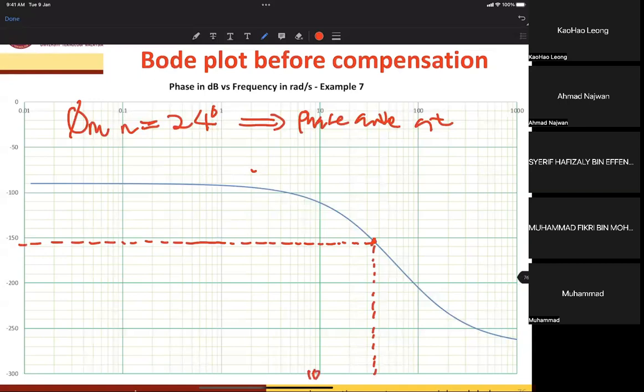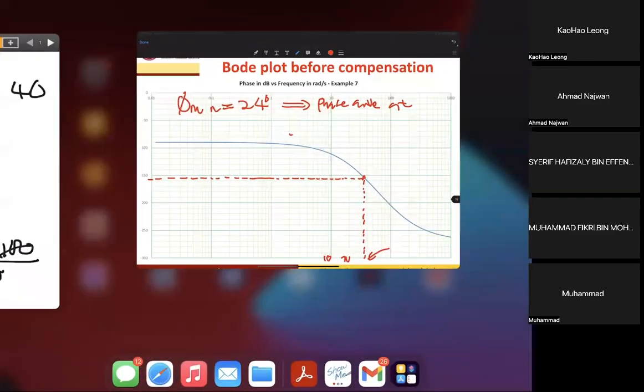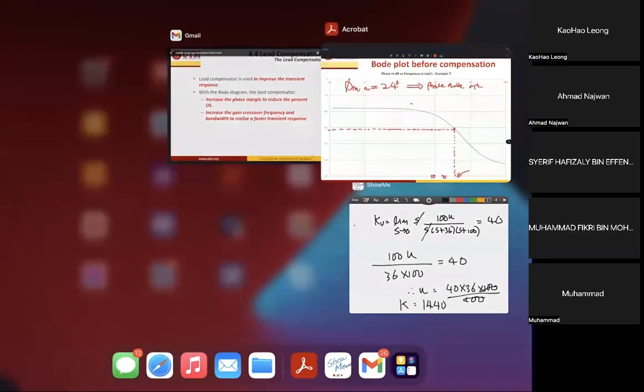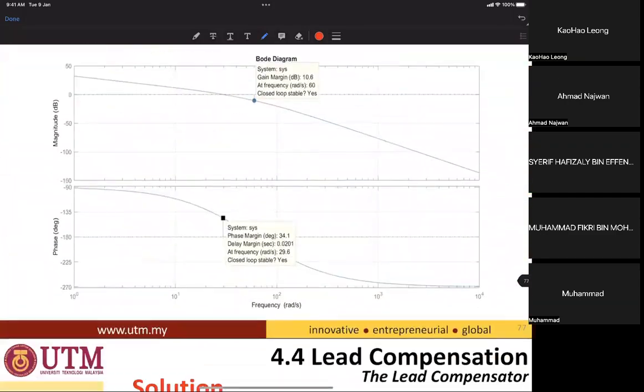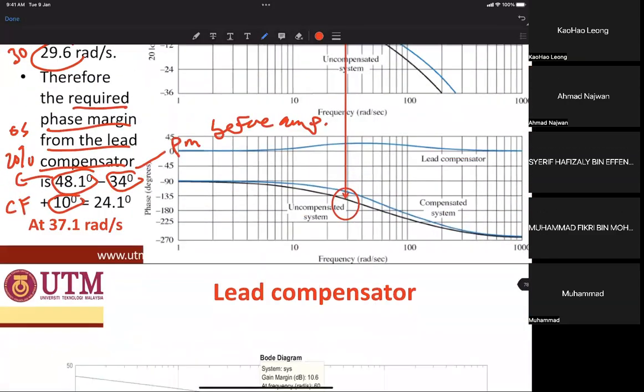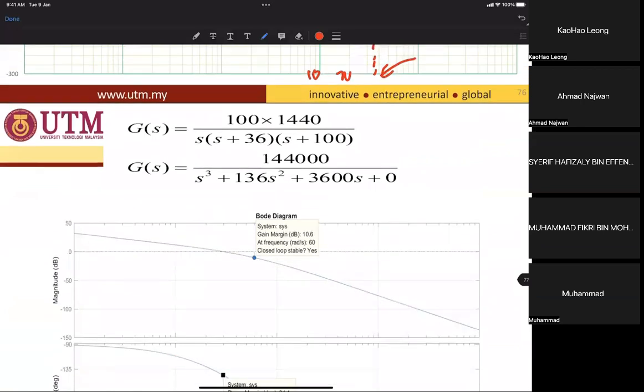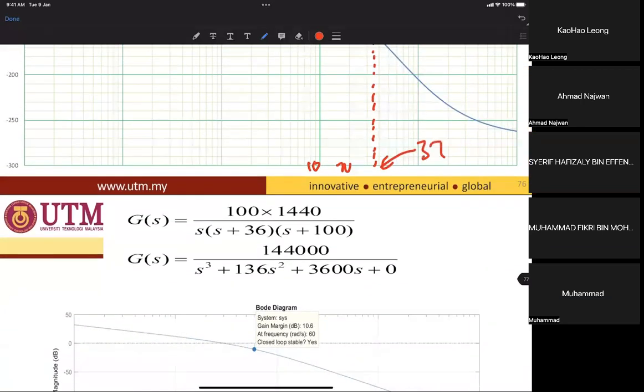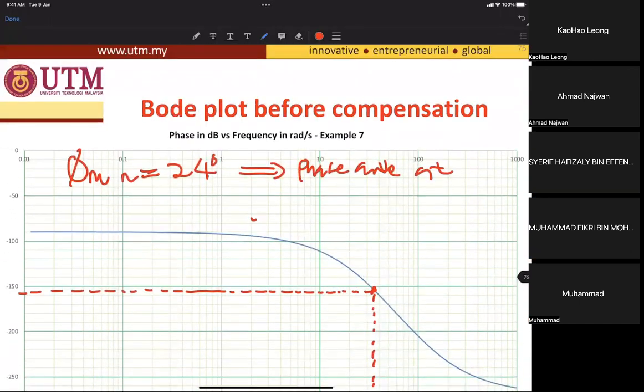So this is 10, 20, and this one is 37.1. Okay, the new phase margin.